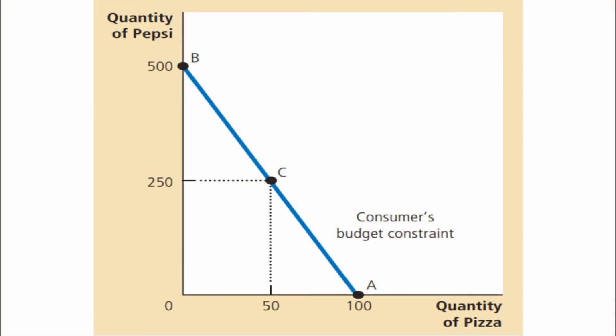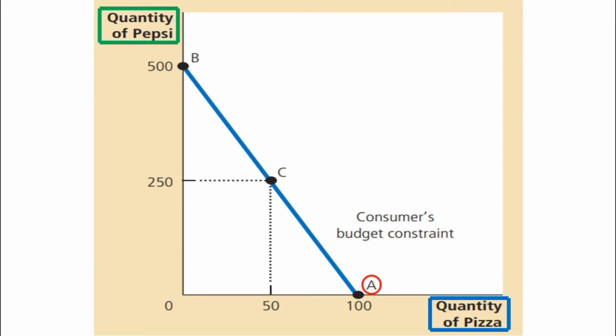This graph shows the consumption bundles that the consumer can purchase. The vertical axis measures the number of pints of Pepsi and the horizontal axis measures the number of pizzas. 3 points have been marked on this figure.